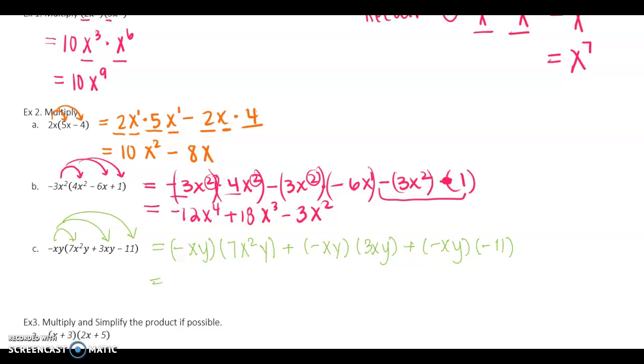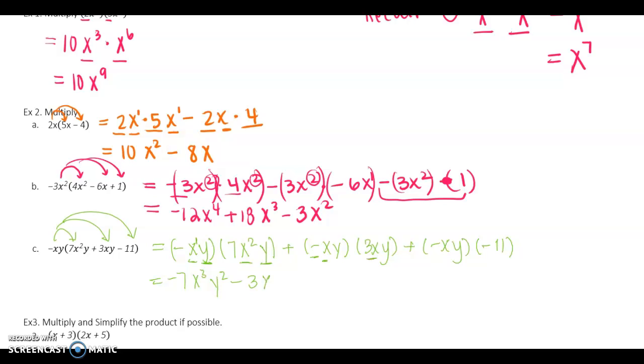All right, so for the first one, let's simplify the numbers. So negative 1 and 7, that's a negative 7. And then basically it becomes two problems in one. So you multiply the x's times the x's. So you add the exponents. That would be x to the 3rd. And then the y's times the y's. So they both have a degree 1. So it would be y squared. Okay, then next would be the negative 1 and the 3. So it would be minus 3. And then the x's and the x's.